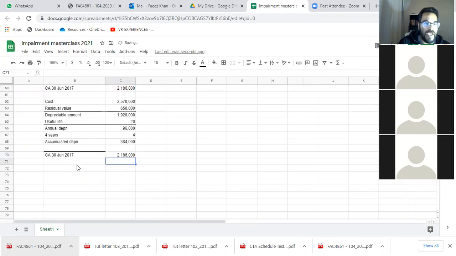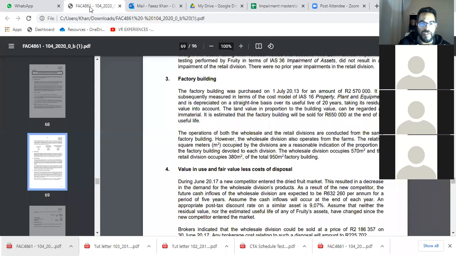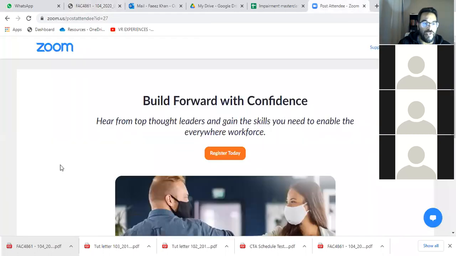Okay, so now we can work out the portion allocated. The portion that the wholesale division uses is 570. And the total is 950. So therefore we can work out the allocation.